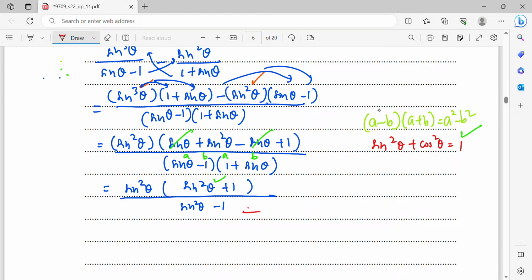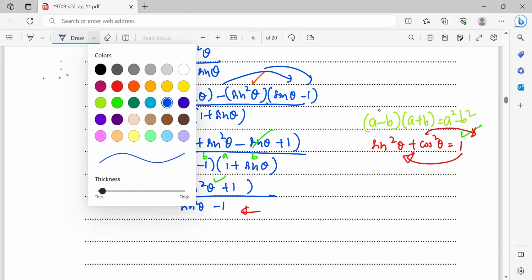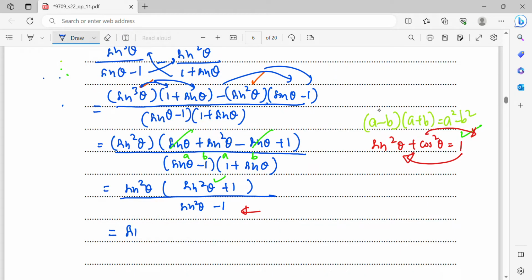And by looking at the denominator, this is sine squared theta minus 1. So you move this one to the right hand side, and this cos squared theta will be moved because of the minus cos squared theta. So I will be getting sine squared theta multiplied with sine squared theta plus 1 over negative cos squared theta.